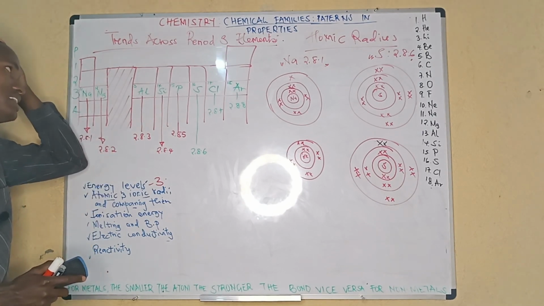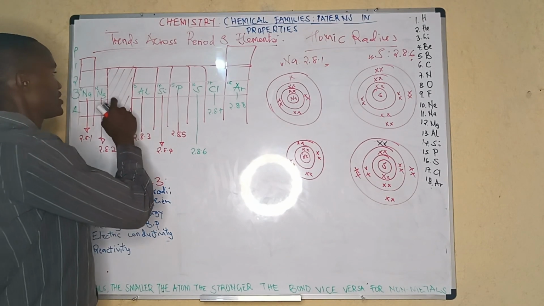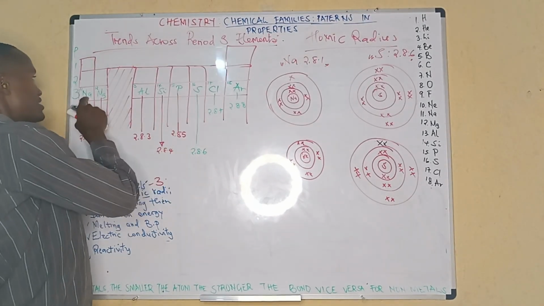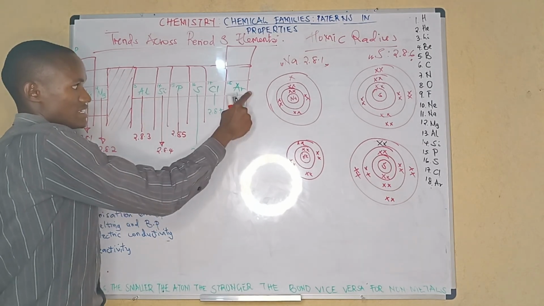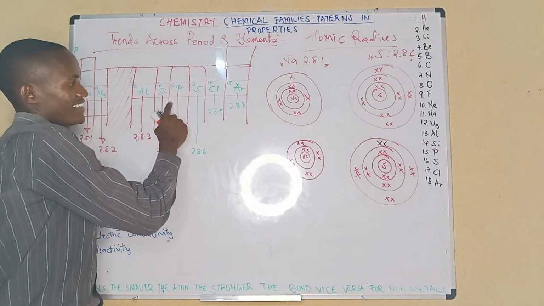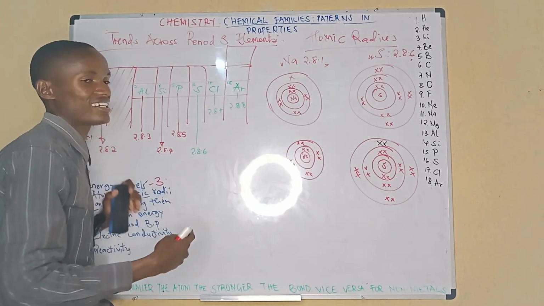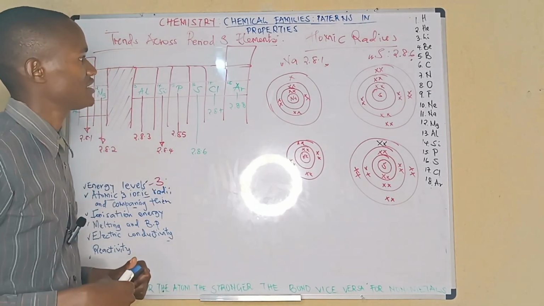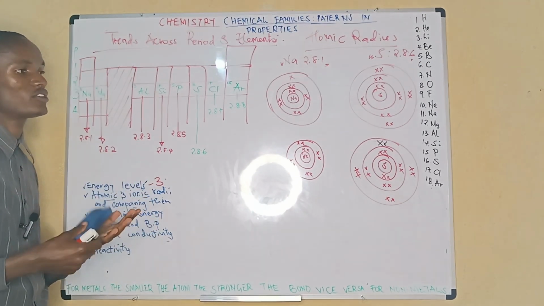And then it has some properties of metals. We said it's a metalloid. It has both properties of metals and nonmetals. But these three are metals. From here, these are nonmetals up to the end. They are nonmetals. And to show even how much they vary, the last two, chlorine and argon, are gases. So they have different chemical and physical properties.